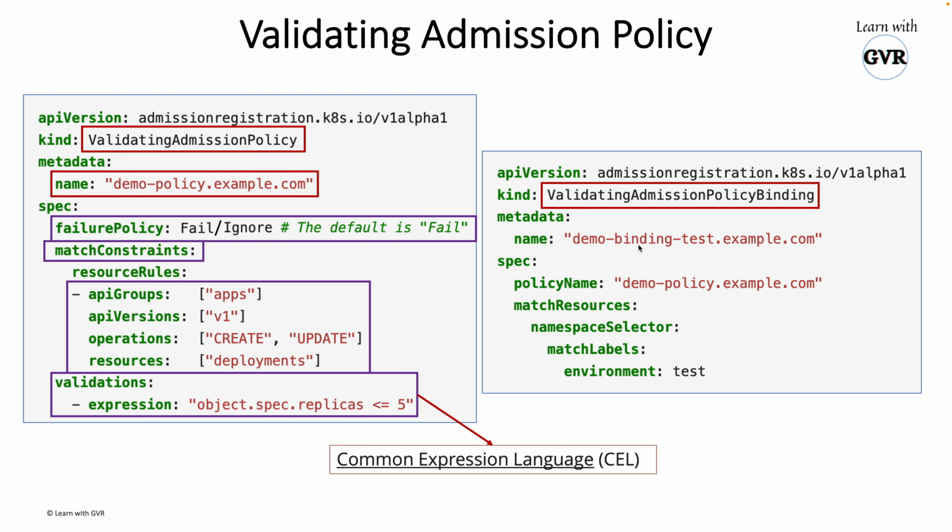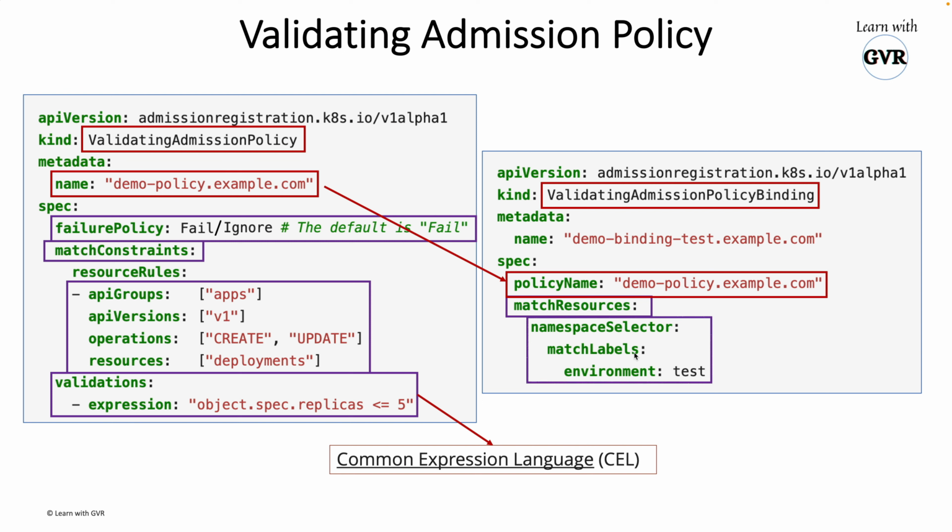From the policy binding point of view, as usual you will give a name, but here for policy name you have to link whatever policy you gave; you have to specify it here. And match resources. Here, what is the type of resource? Here is a resource-specific binding policy.